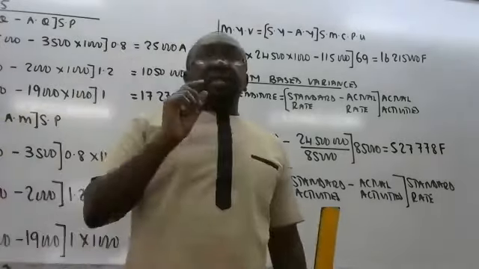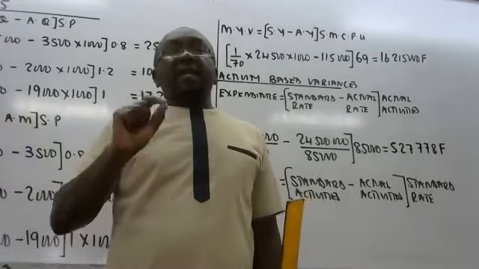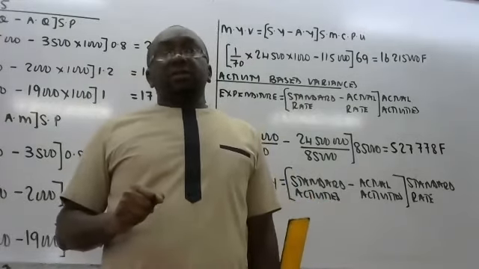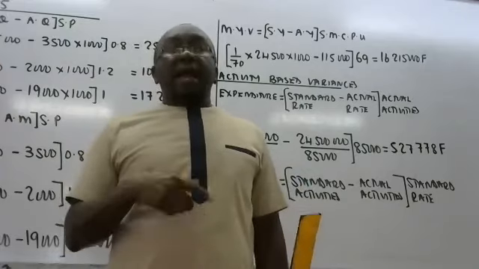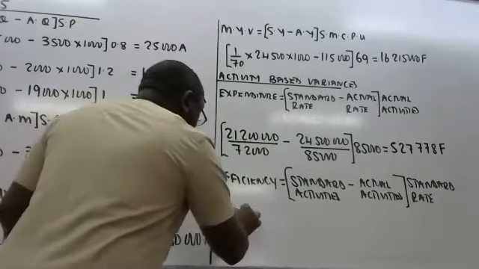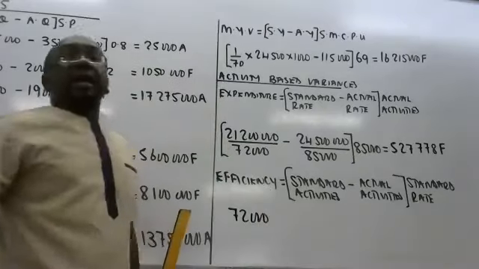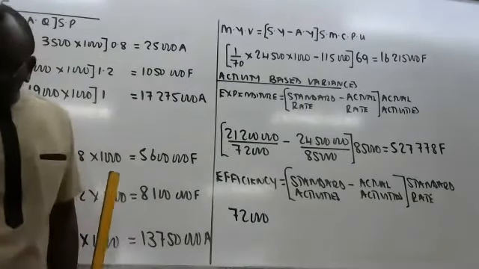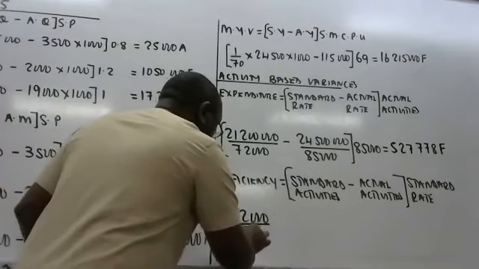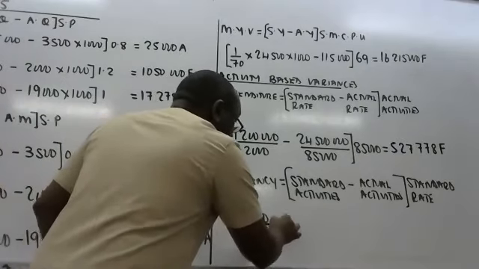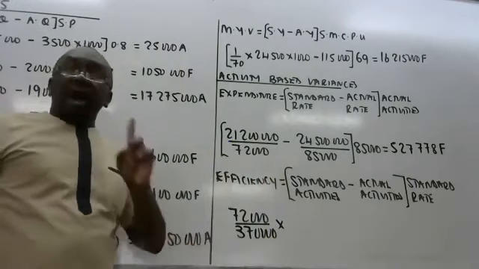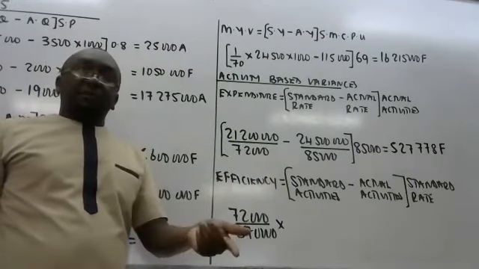For us to produce 370,000 units, we required 72,000 setups. So 1 unit required how many setups? This answer will tell you how many setups 1 unit required.